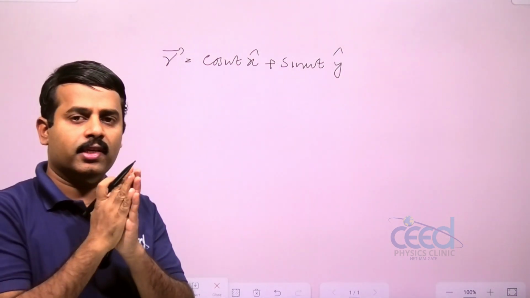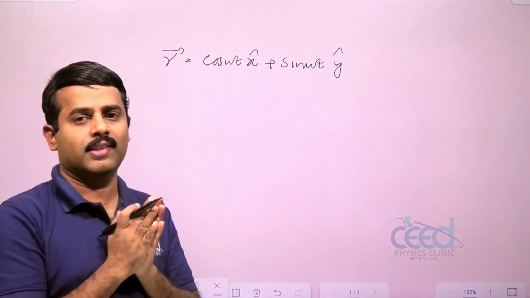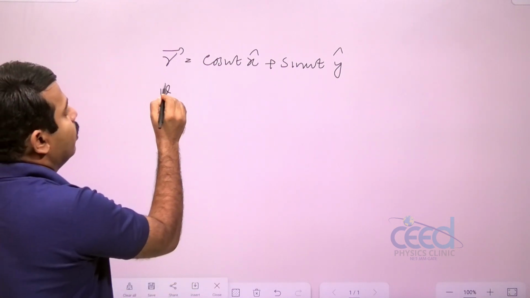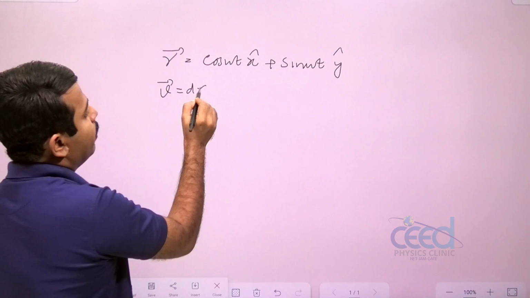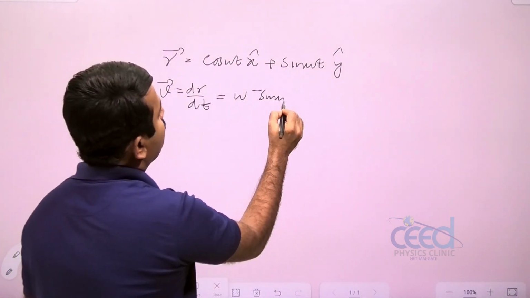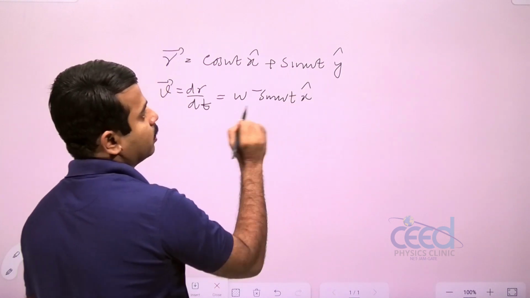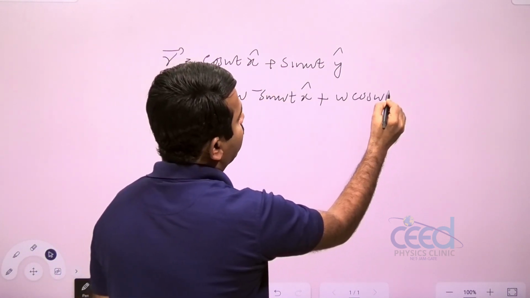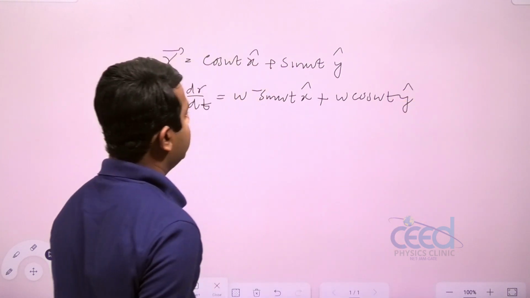Velocity and acceleration perpendicular to r, that is given as the first option. Okay, let us find velocity. What is velocity? dr by dt, that is minus omega sin omega t x cap plus omega cos omega t y cap.